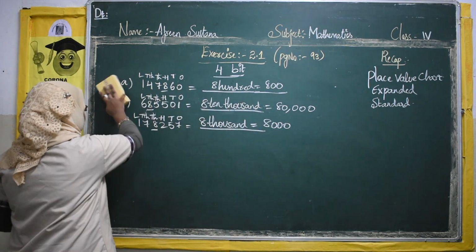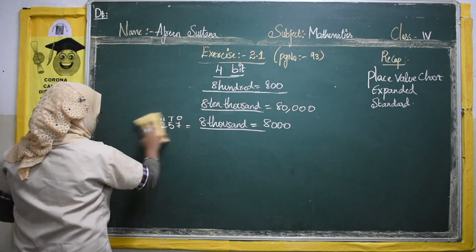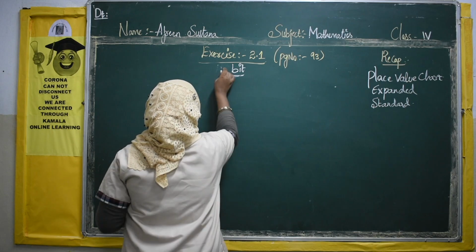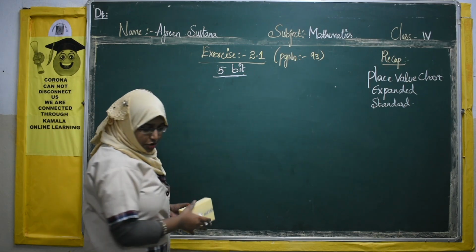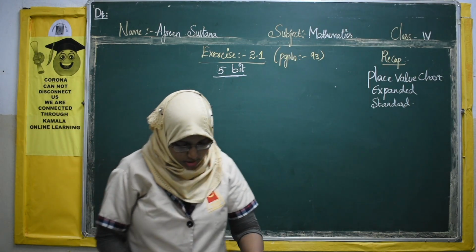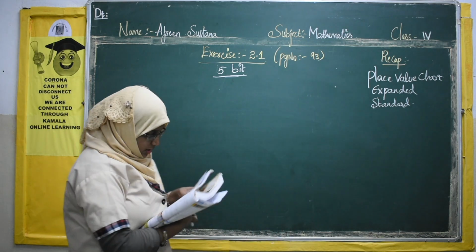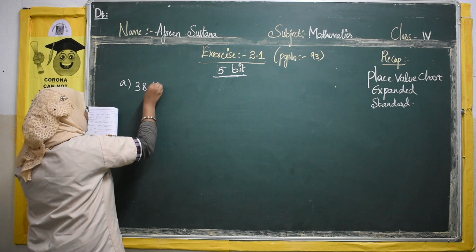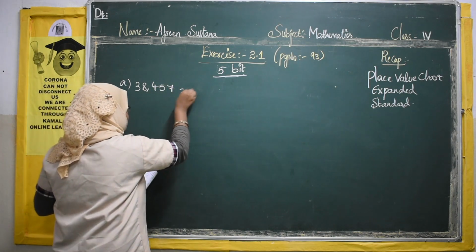Now this is very easy. Here we need not write completely, they have only given the blanks. We just need to fill the blank. If you see the first one, they have given 38,457.